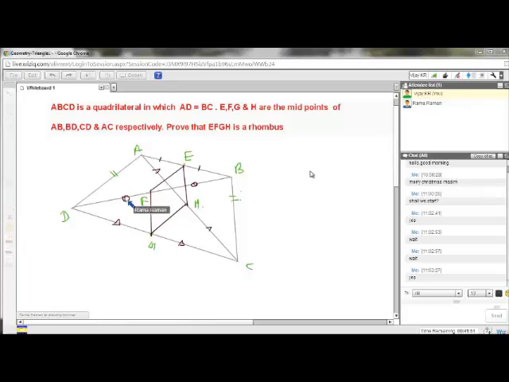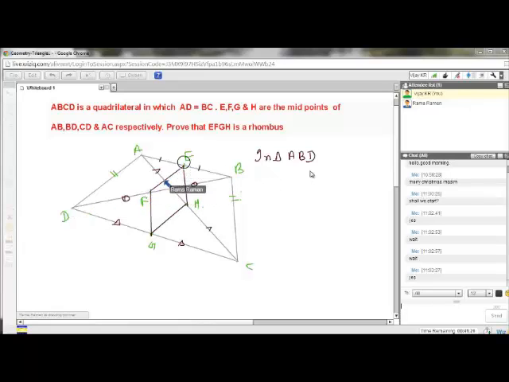Now, let us take up this triangle ABD. In triangle ABD, we have E as the midpoint of AB and F as the midpoint of BD.